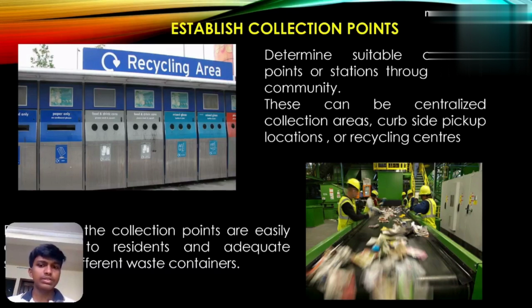These can be located in public areas such as parks, schools, and community centers. The collection points should be easily accessible and clearly marked to encourage people to use them. The collected waste can then be transported to recycling centers or other disposal facilities.